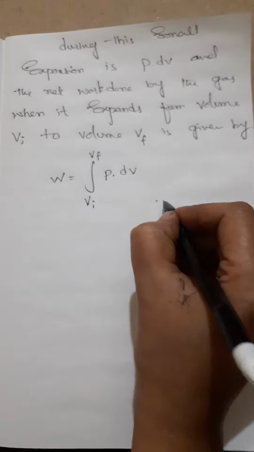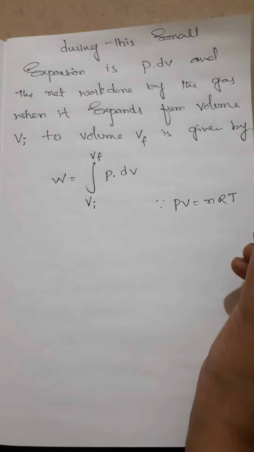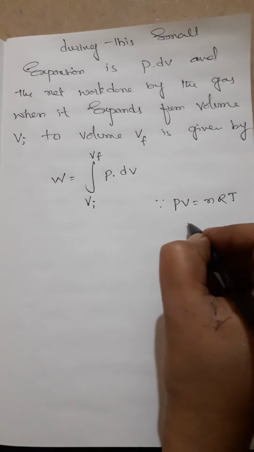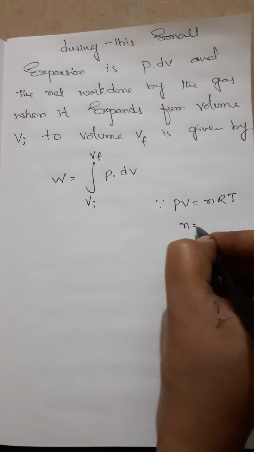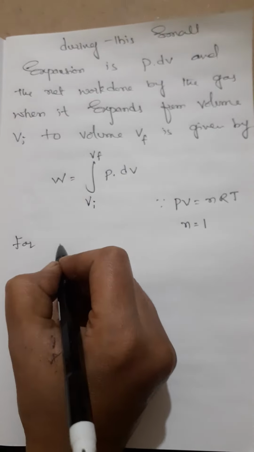We know that PV is equal to nRT. This is the ideal gas equation. We have taken 1 gram mole of an ideal gas, so PV is equal to RT for n equal to 1, for the isothermal process.